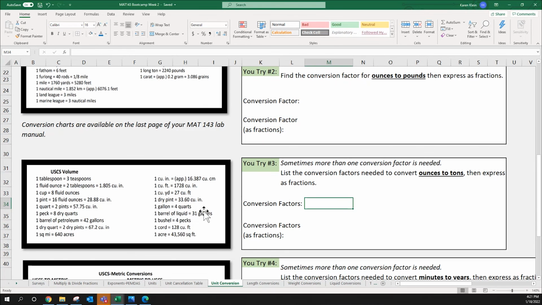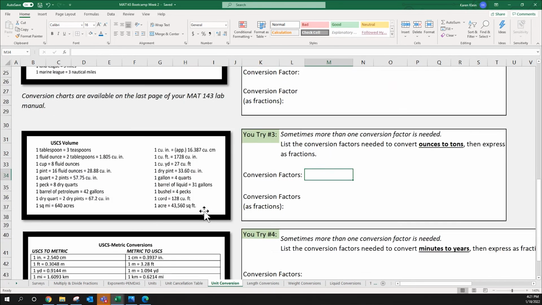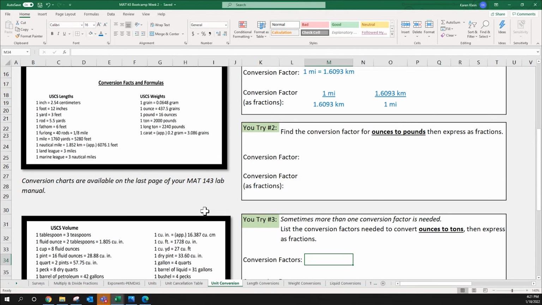If I look in here, you probably are not going to find anything that directly relates on this sheet. Of course, it does exist, just not on the sheet. Ounces to tons. If I can't go directly from ounces to tons, what can be used in between? Maybe my ounces need to be converted to something else, and then maybe that can be converted to tons.